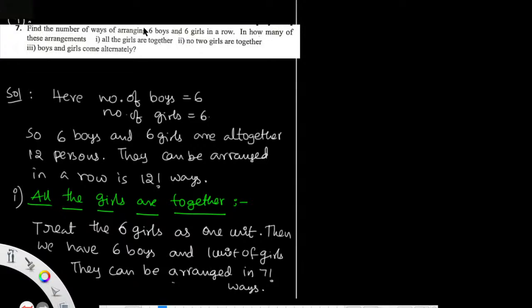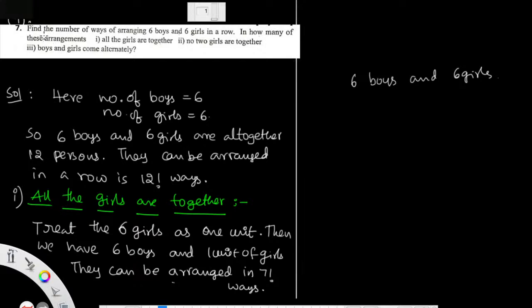Find the number of ways of arranging 6 boys and 6 girls in a row. In how many of these arrangements are all the girls together, no 2 girls together, and the third question is given that boys and girls come alternately. So 6 boys and 6 girls are given.